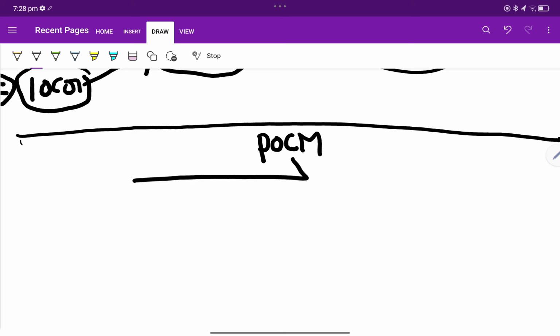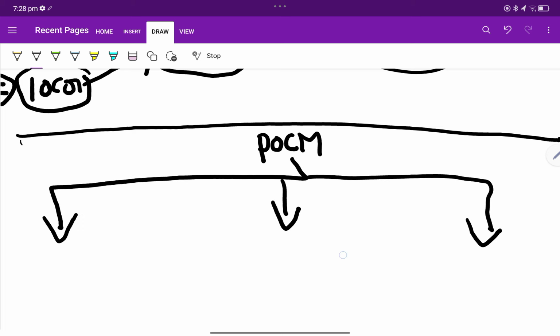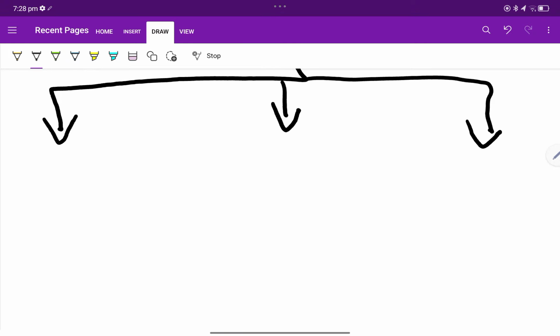From a practical point of view, there are three types to determine the percentage of completion. Whereas from an examination point of view, only one method is there, that is only the percentage of cost incurred.